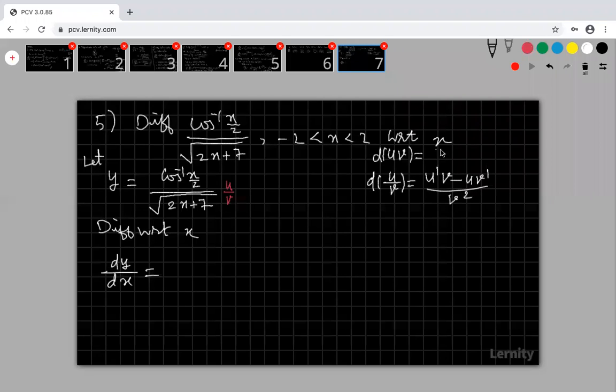My product rule is u dash v plus u v dash. Here the same u dash v but minus u v dash by v square additionally. Here minus is also changing and the denominator has some v square term. Here there is no denominator. The numerator is plus. Please try to understand these two formulae.